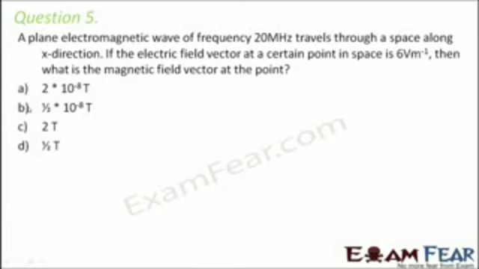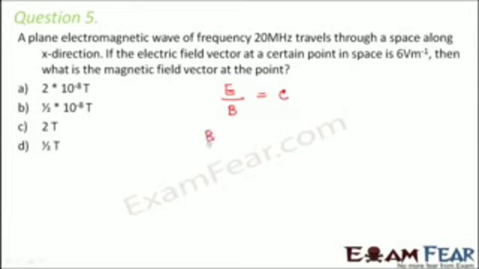So whenever we talk about an electromagnetic wave, we definitely talk about both electric field and magnetic field. Now at any point, what is the relationship between electric field and magnetic field? At any point, the ratio of electric field and magnetic field is equal to the speed of the electromagnetic wave, right?